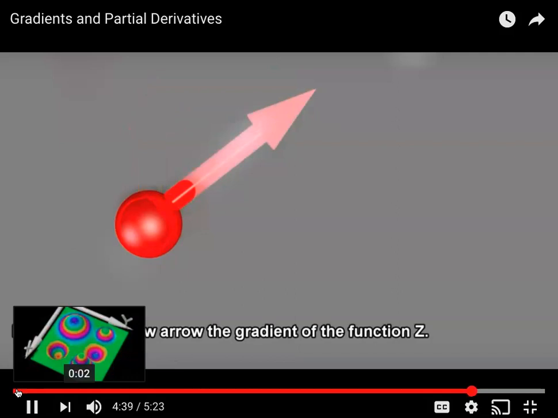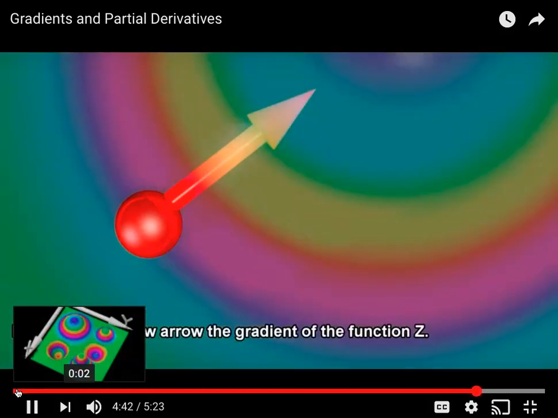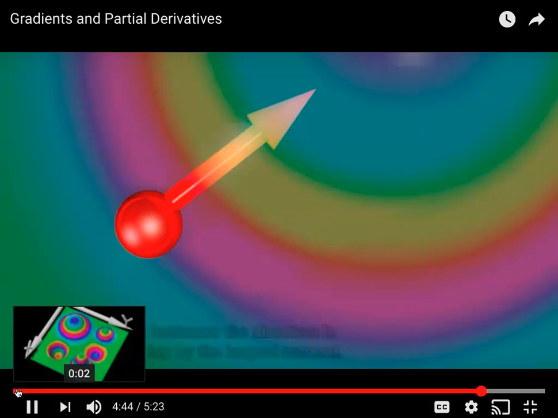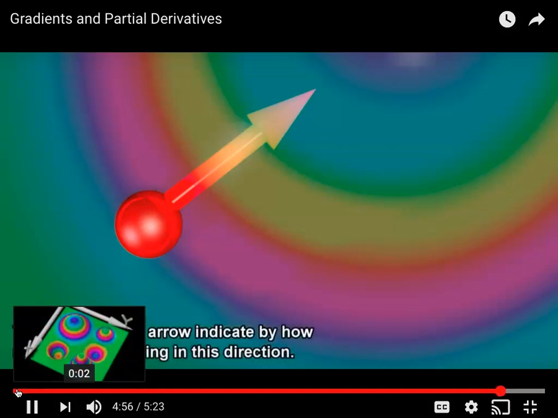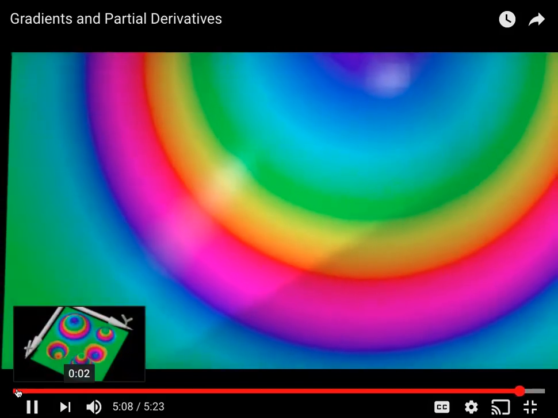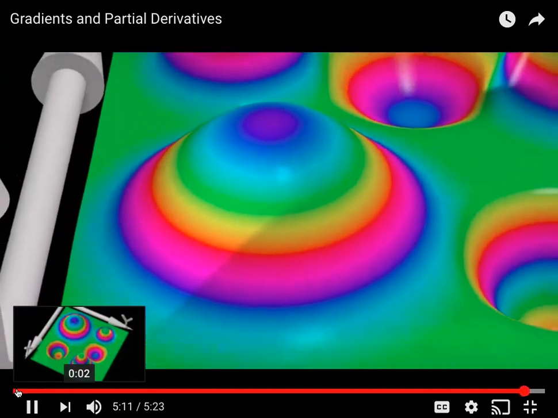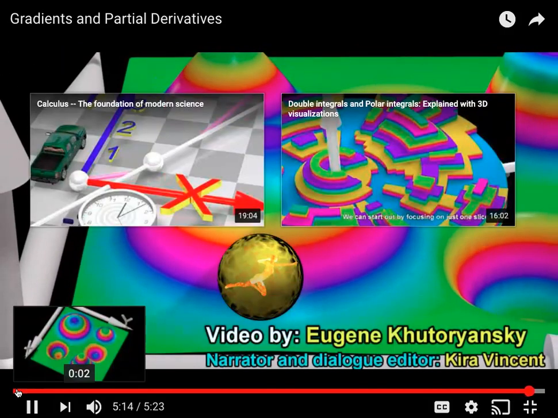Let's call this new arrow the gradient of the function z. This arrow always indicates the direction in which z is increasing by the largest amount. The length of this arrow indicates by how much z is increasing in this direction. Much more information is available in the other videos on this channel. Please subscribe for notifications when new videos are ready.